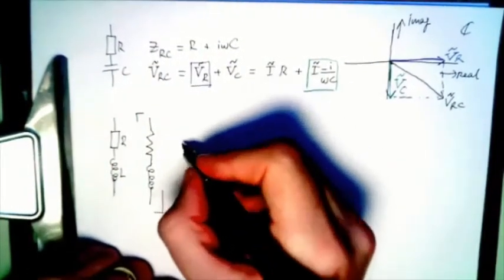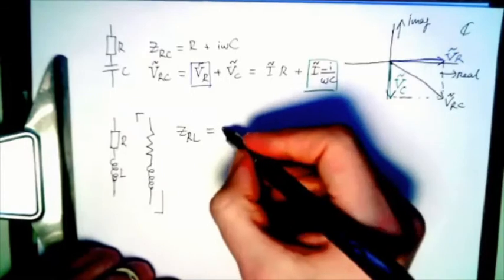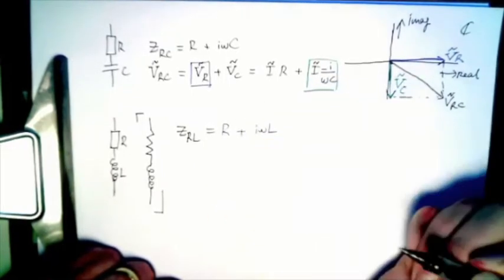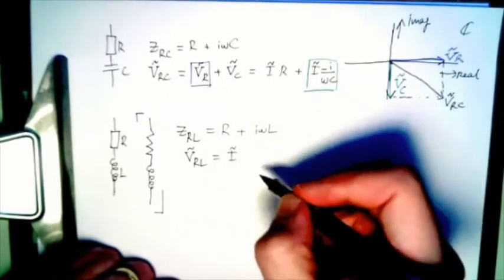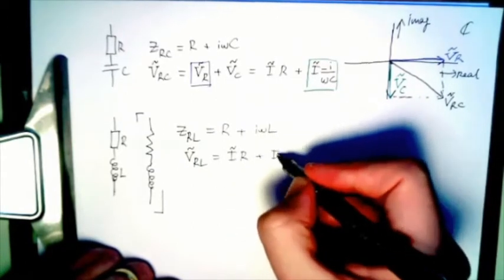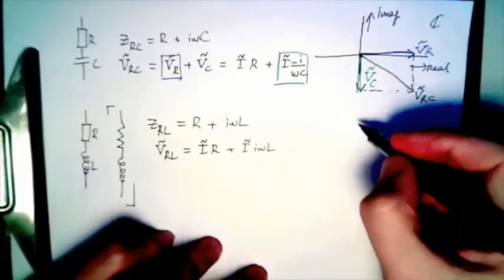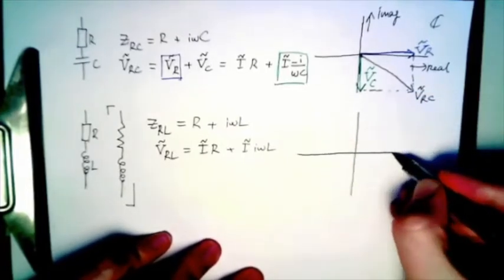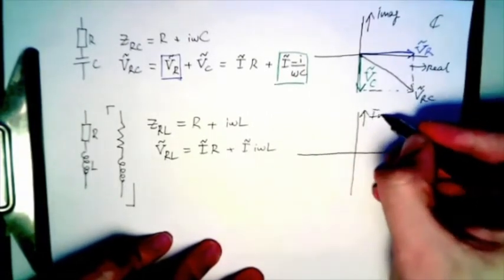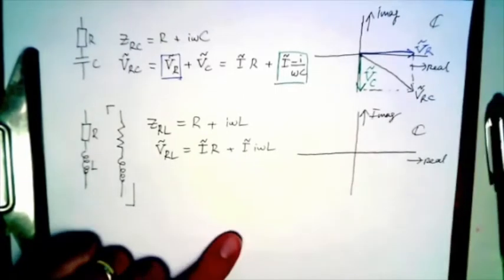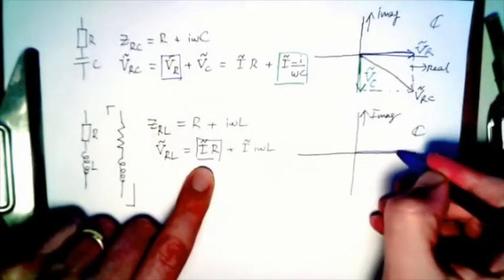Now, if they're in series, ZRL is R plus i omega L, and the voltage phasor is the current phasor times R plus the current phasor times i omega L. So that means in the complex plane, where this is real and this is imaginary, the resistor is still doing this.